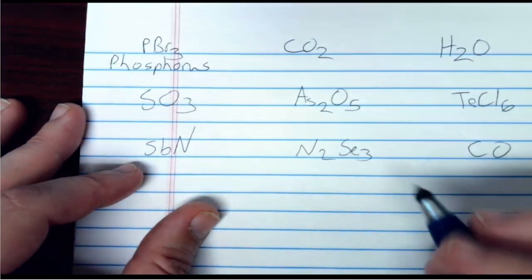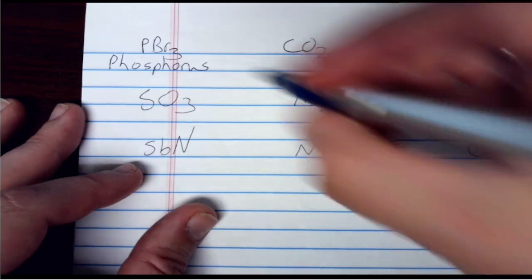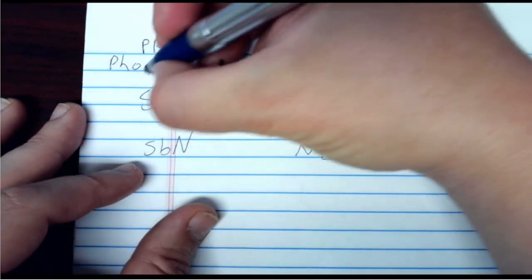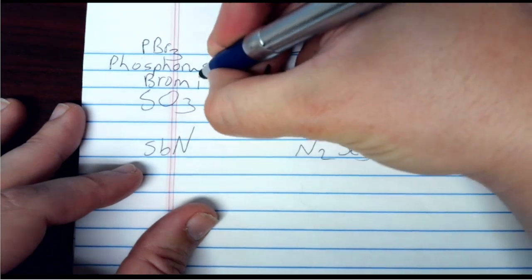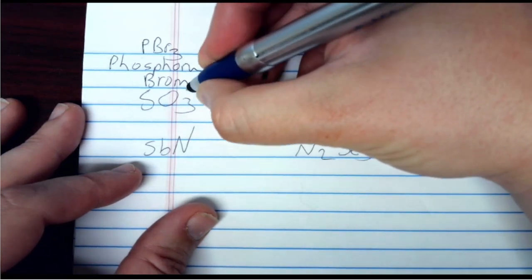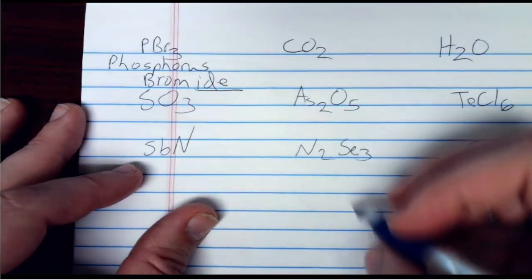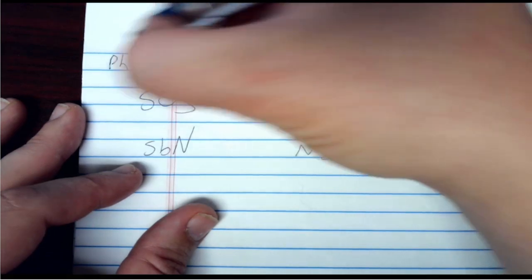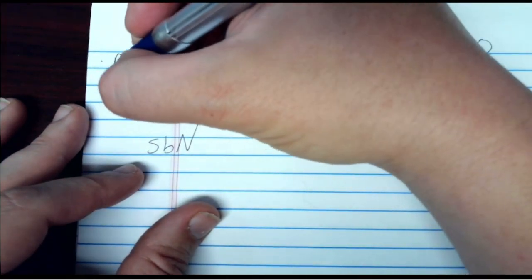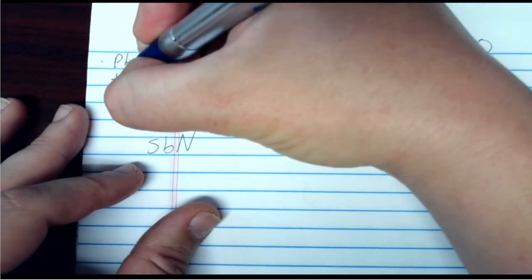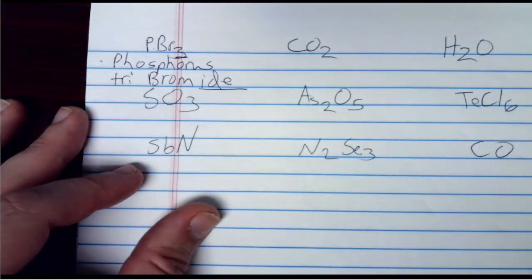It's the first element, so it gets the name. Br is bromine, so bromide. And because there's 3 and 1, we're going to leave the mono off, and this is phosphorus tribromide.